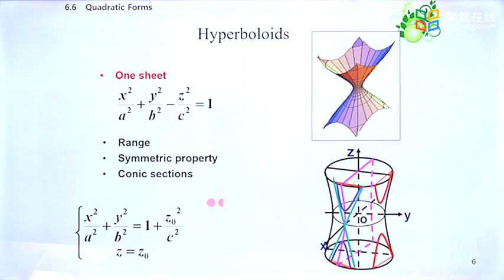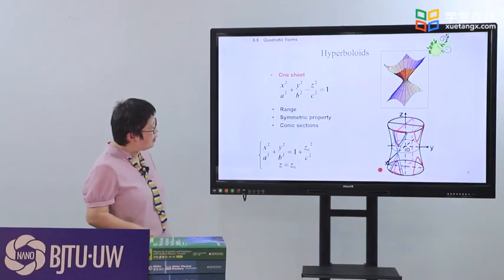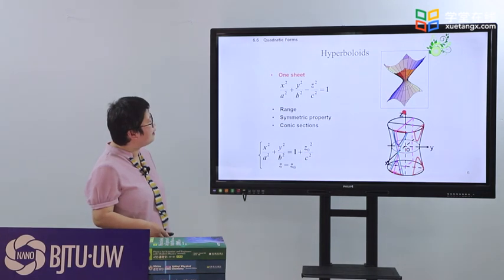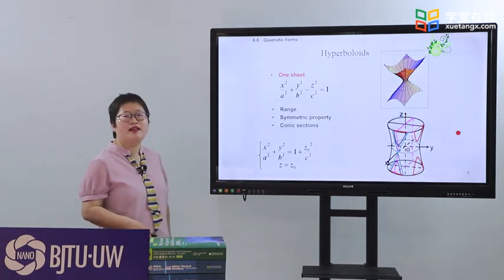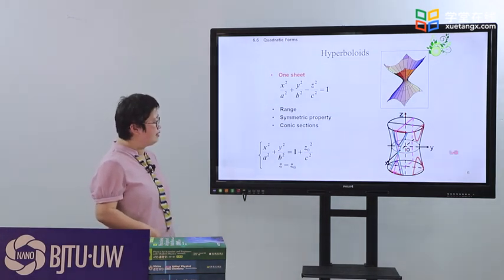It's also symmetric, right? XOY, XOZ. How about YOZ plane? Also symmetric, right? So it's symmetric to the planes and also to the axis.